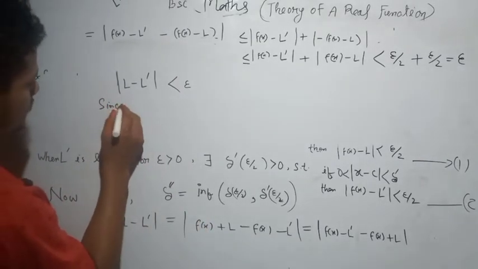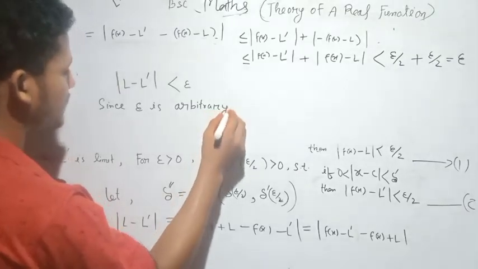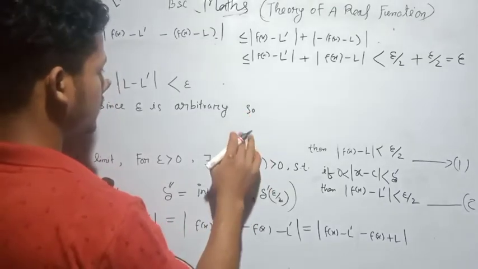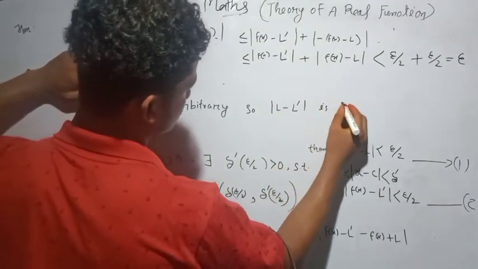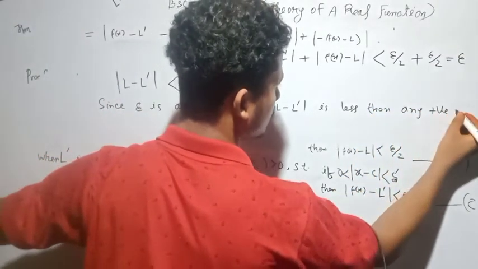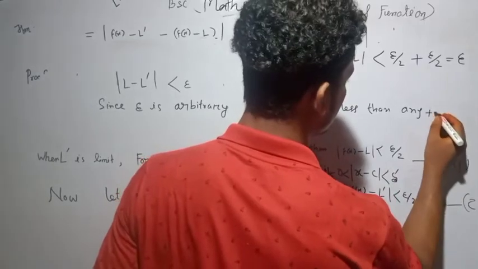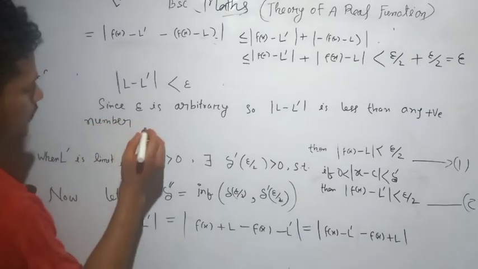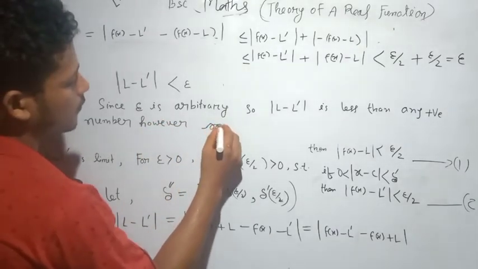Since epsilon is arbitrary, modulus of L minus L dash is less than any positive number, however small.